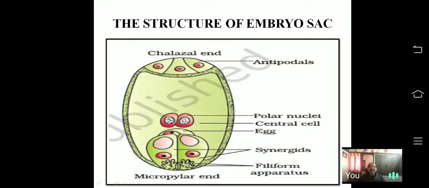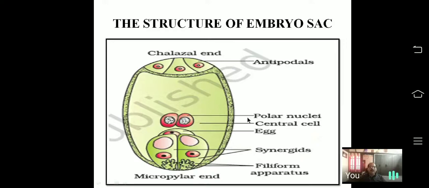How many cells lie towards the chalazal end? 3, called antipodals. How many cells are present towards the micropylar end? 3 cells, called the egg apparatus. Here at the middle of the embryo sac, there are only 2 nuclei present.